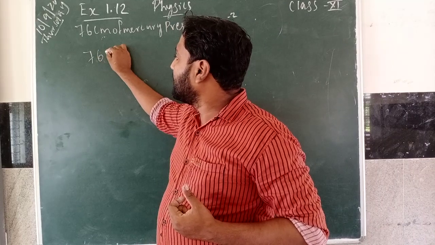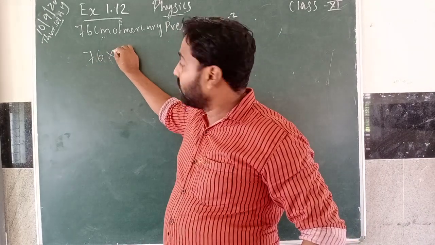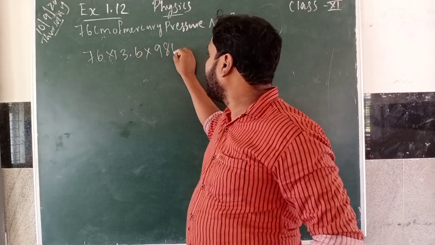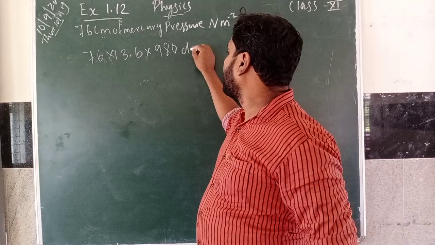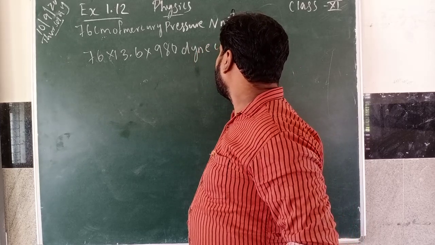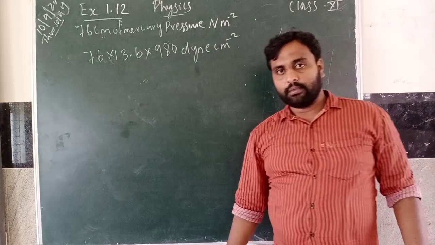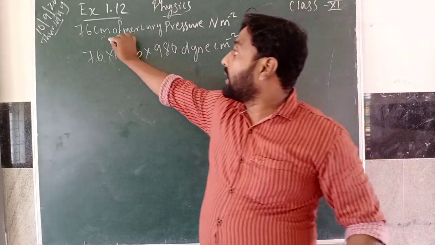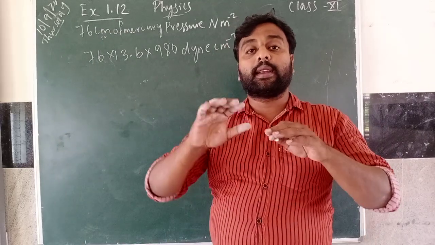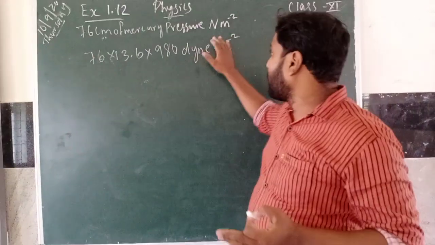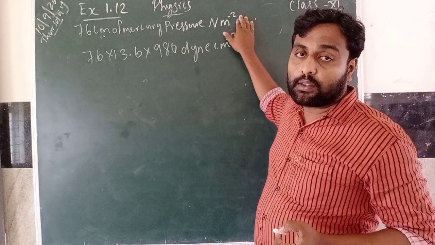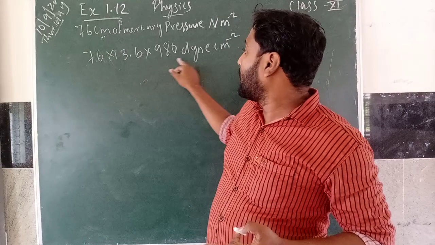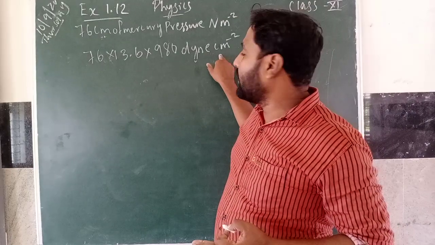For that, 76 into 13.6 into 980 dyne centimeter minus 2. This is the first thing you have to do. It is very important. 76 centimeter of mercury we can't directly convert into Newton meter minus 2. So first you have to convert this 76 centimeter into dyne centimeter minus 2.